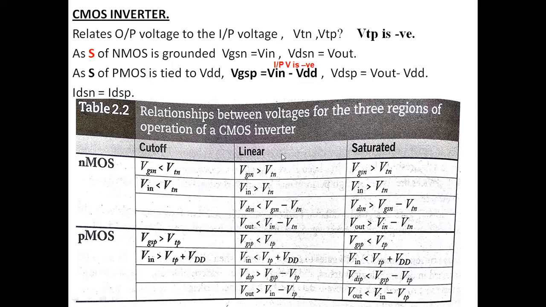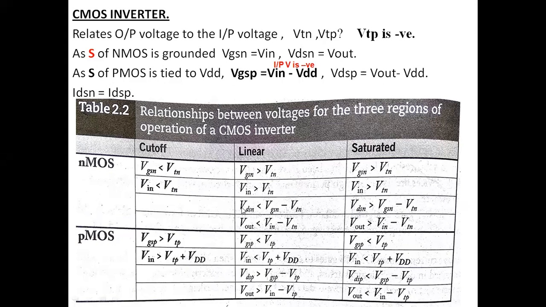Likewise, we have a condition for my NMOS to be in the saturation region, where of course VGSN is greater than VTN. But regarding VDSN, as earlier, if VGSN is less than the threshold, then my NMOS will be cut off.